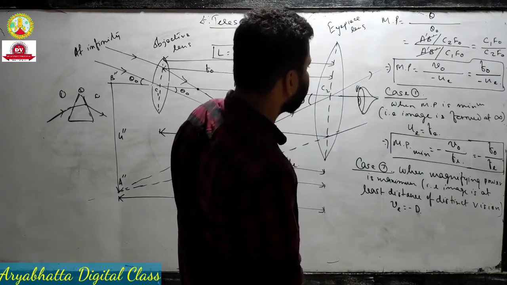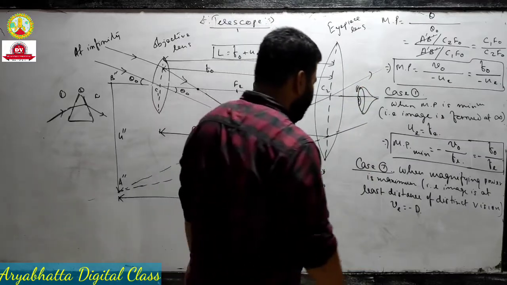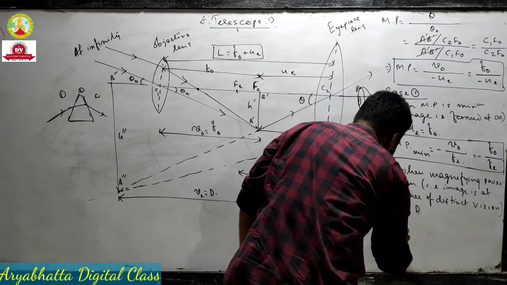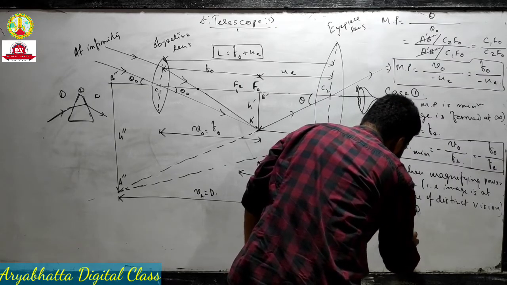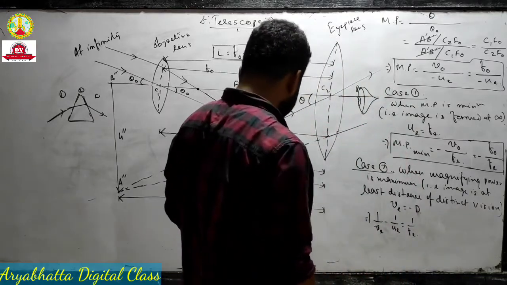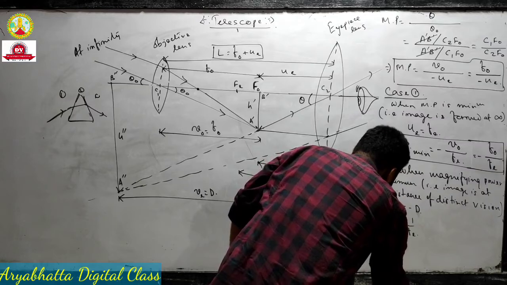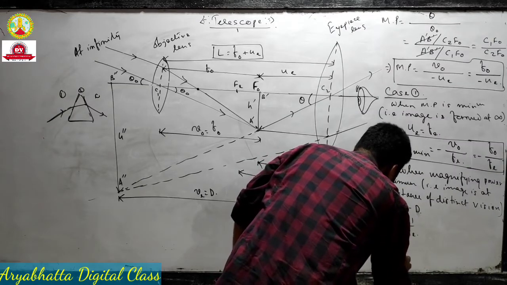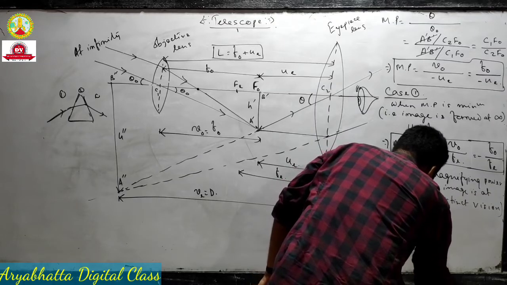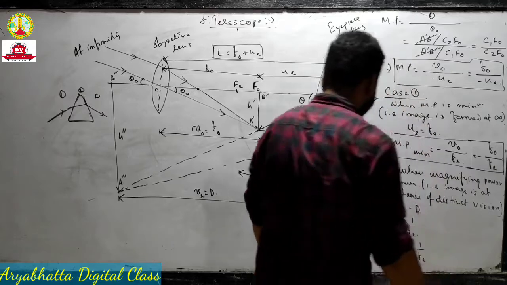Now what is the formula? You have to calculate the value of UE. So from the lens formula you know that 1 by VE minus 1 by UE is equal to 1 by FE. So what is 1 by V? This is 1 by minus D minus 1 by UE is equal to 1 by FE.